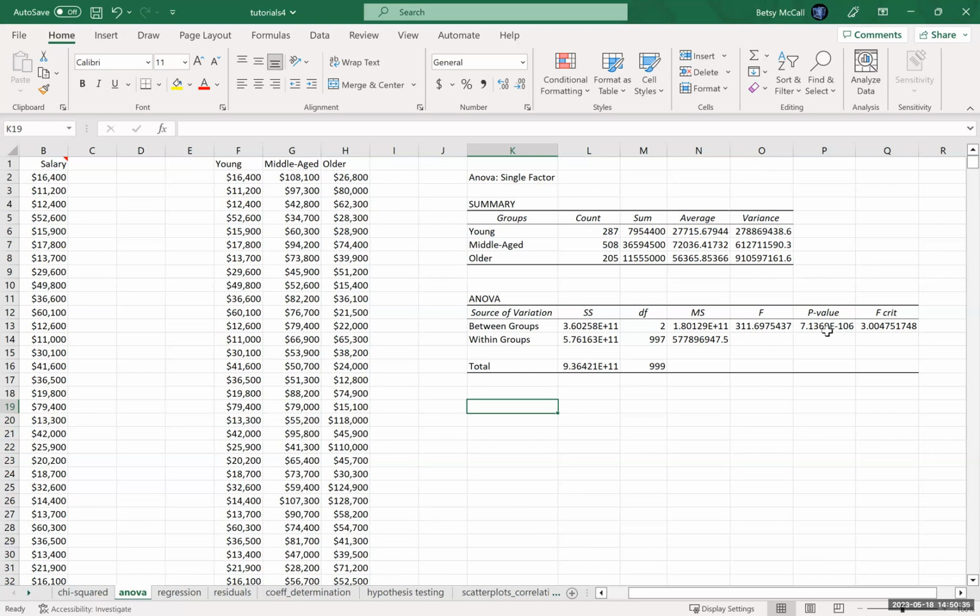If you're doing these more by hand, there are distributions you can use to do these calculations, but they're really tedious. If you thought standard deviation was bad, try doing that 5 times in a row with 1,000 values.